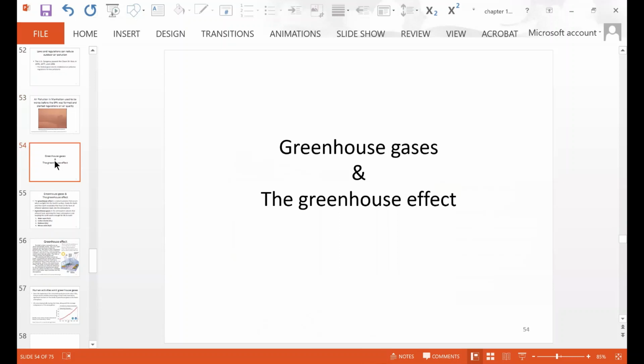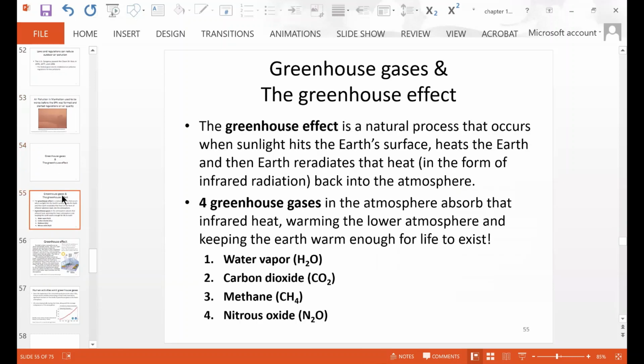Now we will talk about greenhouse gases and the greenhouse effect. The greenhouse effect is a natural process that occurs when sunlight hits the Earth's surface, heats the Earth, and then the Earth re-radiates that heat in the form of infrared radiation back into the atmosphere.